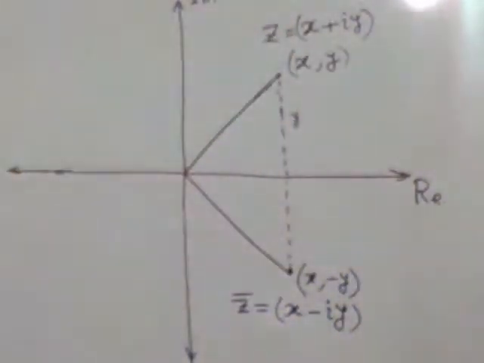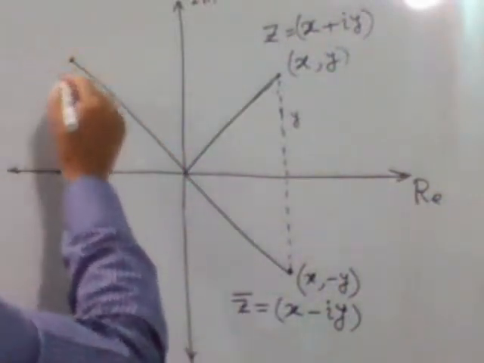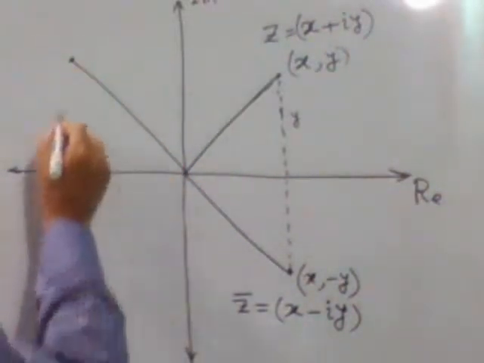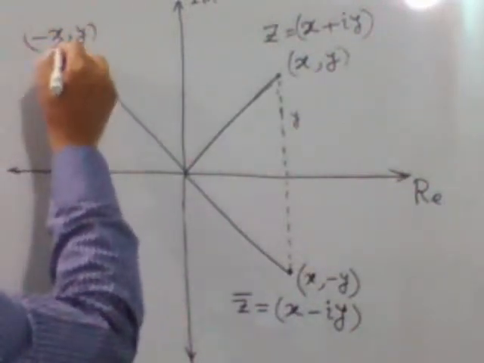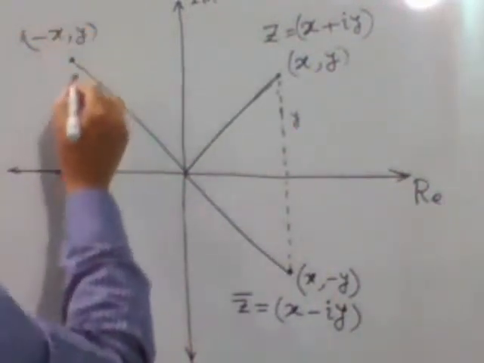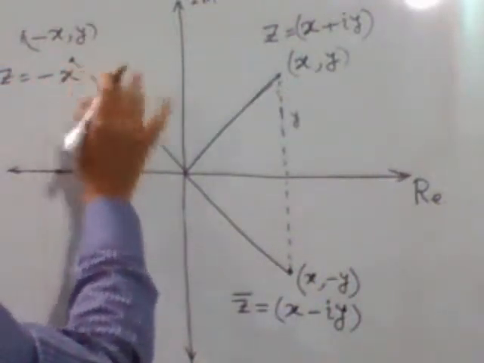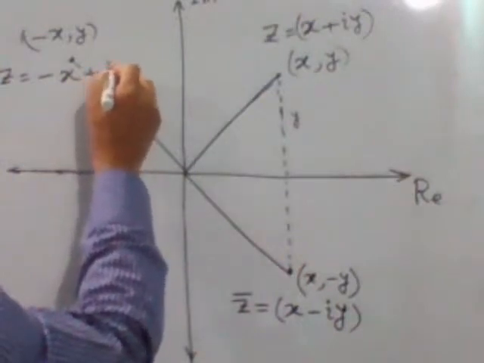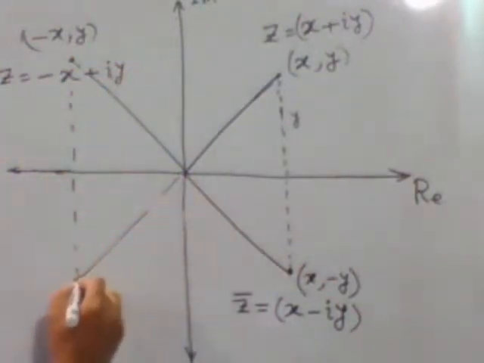Similarly, if we draw a point here, this will be minus x comma y, and this point can be represented as a complex number z is equal to minus x plus iy. Its mirror image will be vertically downward.